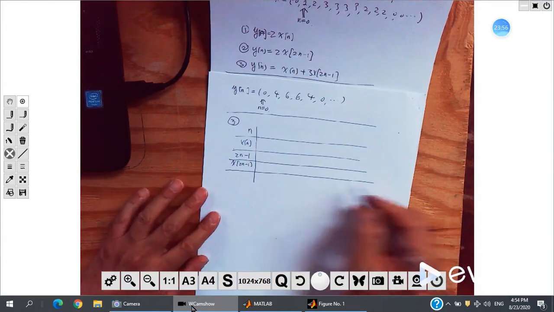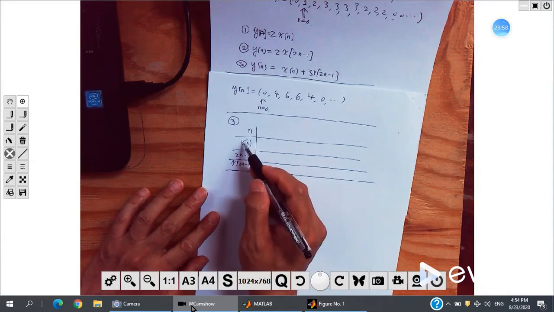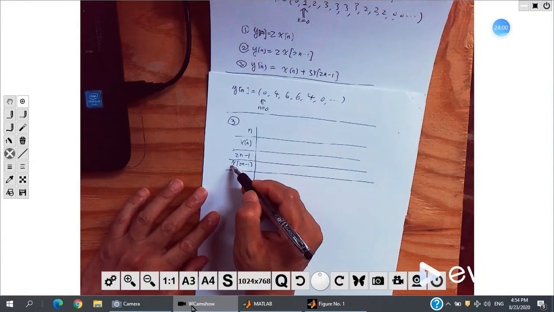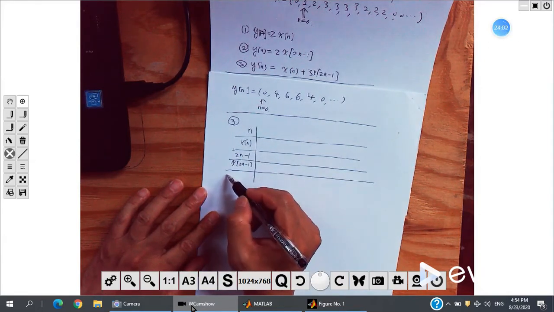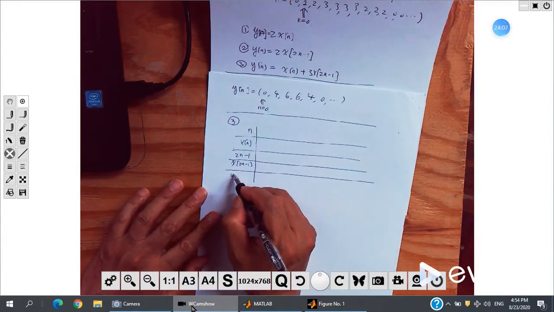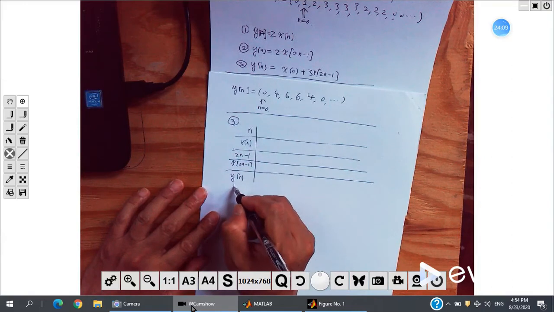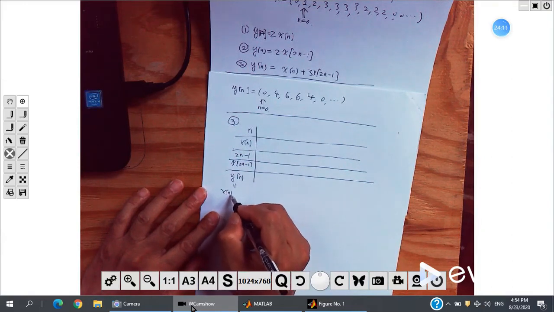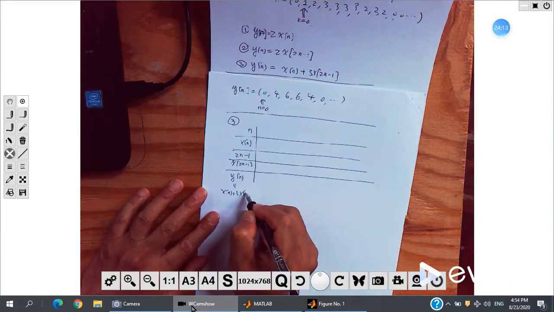Okay, then you have the summation, which is this one plus 3 of these. If you want, you can also put 3x here, also fine. But you can just get y directly, right? Y, which is x[n] plus 3x[2n-1].